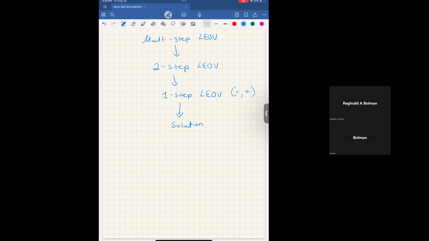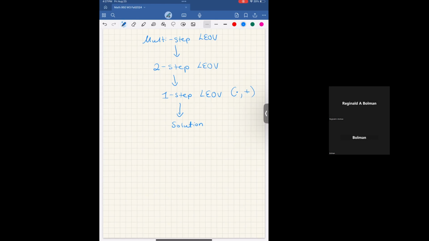So the flow diagram, the general strategy for solving a linear equation of one variable is always as follows. It doesn't matter how many steps we might have for a multi-step LEOV. We may be given an incredibly complicated problem statement. We're going to use one rule of algebra at a time in order to eventually finesse the multi-step LEOV to a 2-step LEOV.